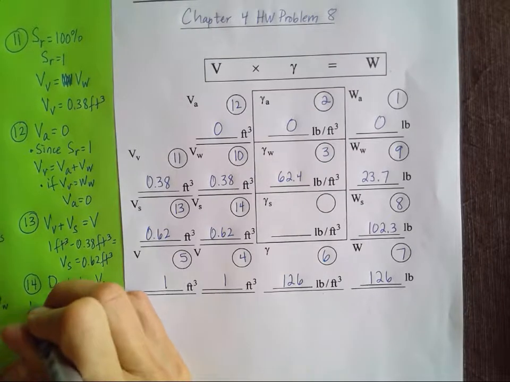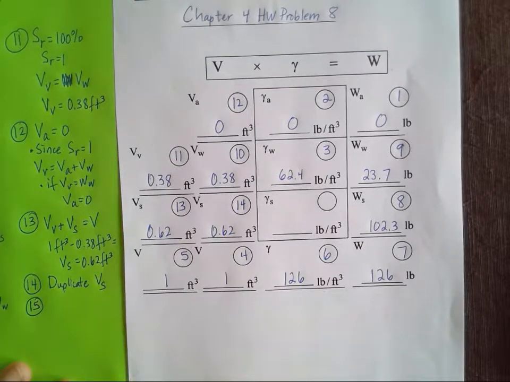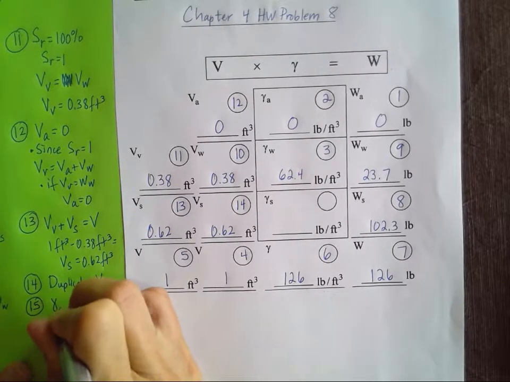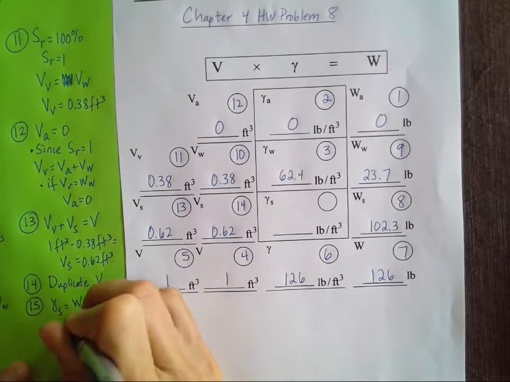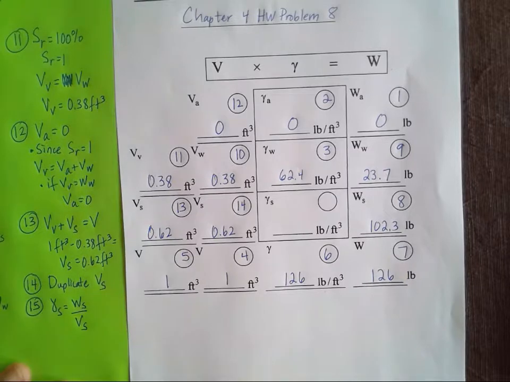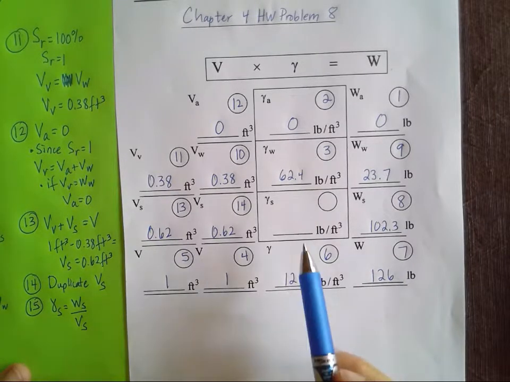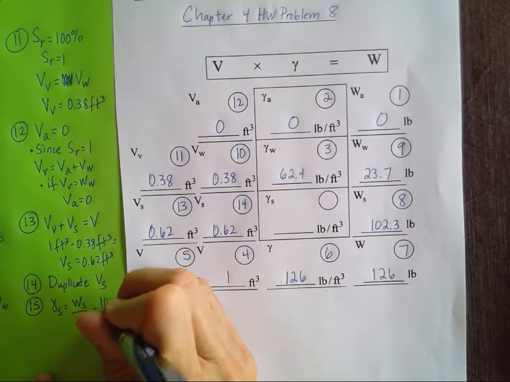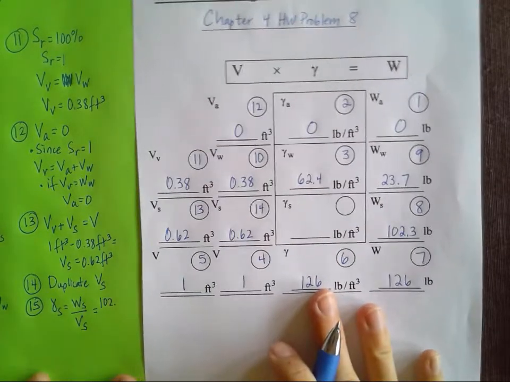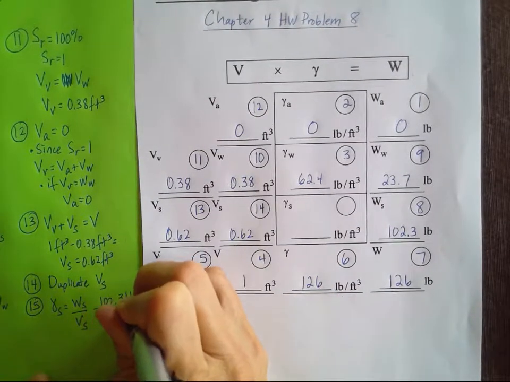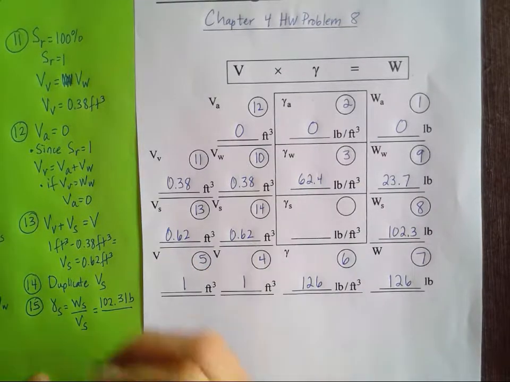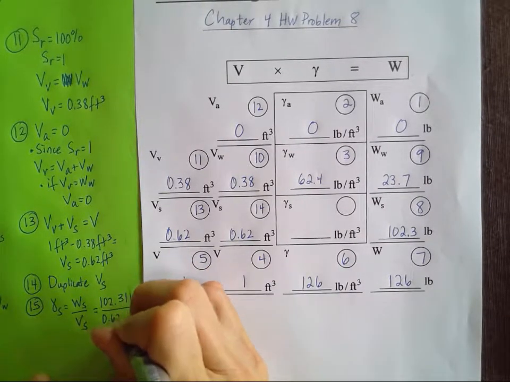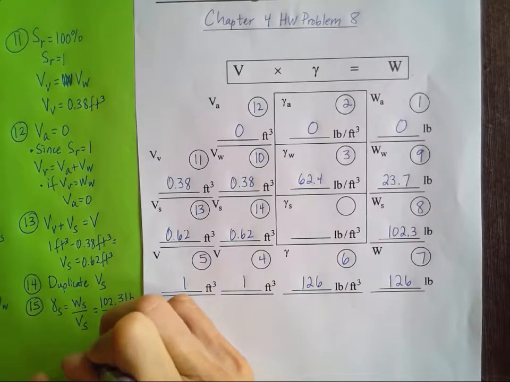Okay, let's find our last thing, gamma solids. And remembering our relationships, gamma solids is going to equal the weight of the solids over the volume of the solids. And in this case, yeah, I know both of those values, so let's go ahead and plug those in. 102.3 pounds over 0.62 cubic feet.